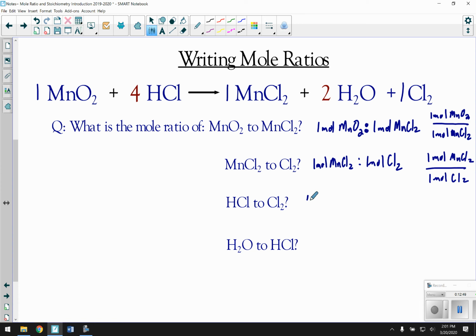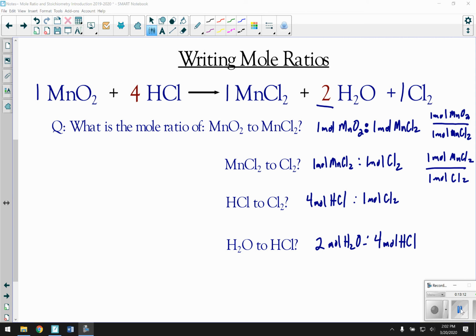Well, there are 4 moles of HCl to 1 mole of Cl2. And the last one, there are 2 moles of H2O for every 4 moles of HCl.